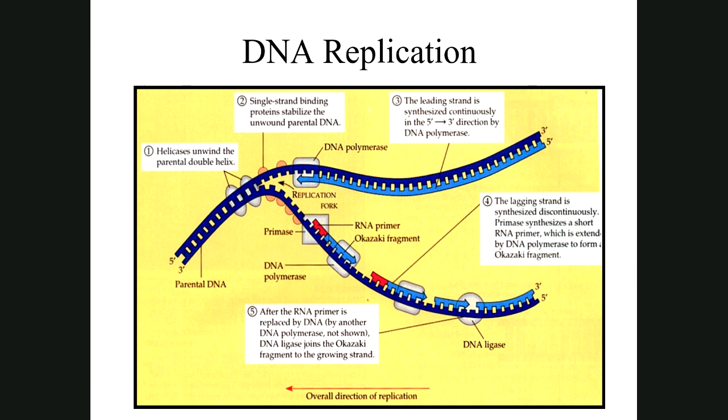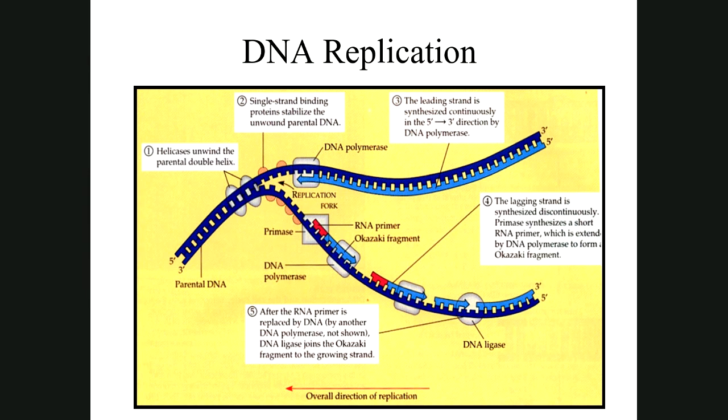Some guy named Okazaki, or Mr. Okazaki from Japan, got his name put on this one when he discovered this. So primase is going to lay down that little red piece of RNA on the DNA. Now that gives a base for DNA polymerase to lock onto to lay down the new light blue colored DNA in the 5' to 3' direction.